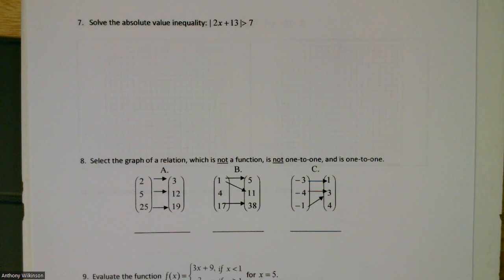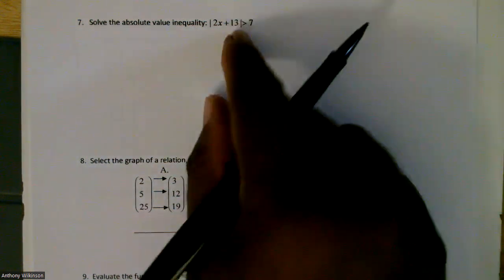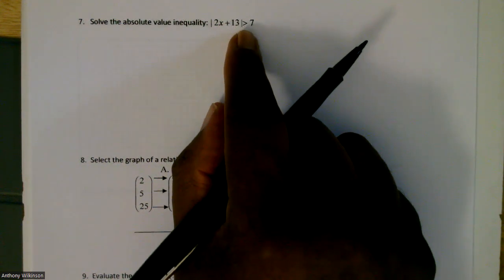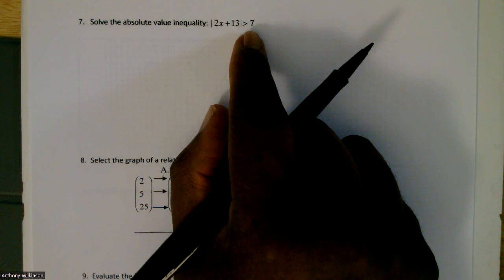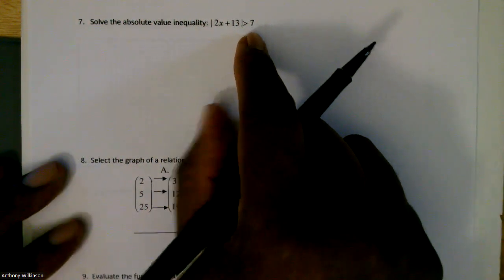All right, number 7 is an absolute value inequality. Here we got the absolute value of 2x plus 13 is greater than 7. Now, here we got greater than, so that means I need to write this as 2 separate inequalities.